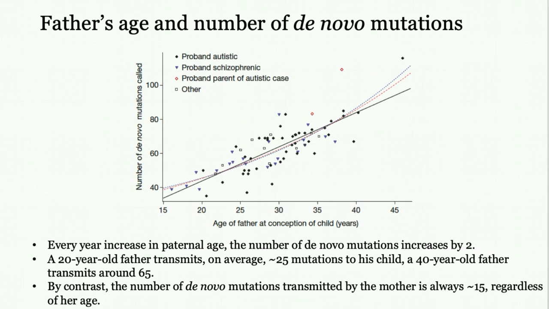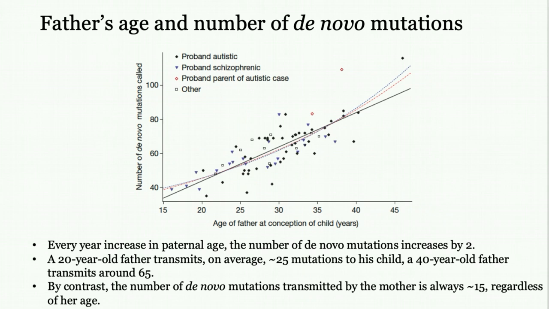But I just want you to know the trend, that there is a very apparent positive association between the age of the father and the number of de novo mutations you are going to observe in the child. And on average, based on different models, for every 1 year increase in the father's age, there are about 2 extra de novo mutations in the child.